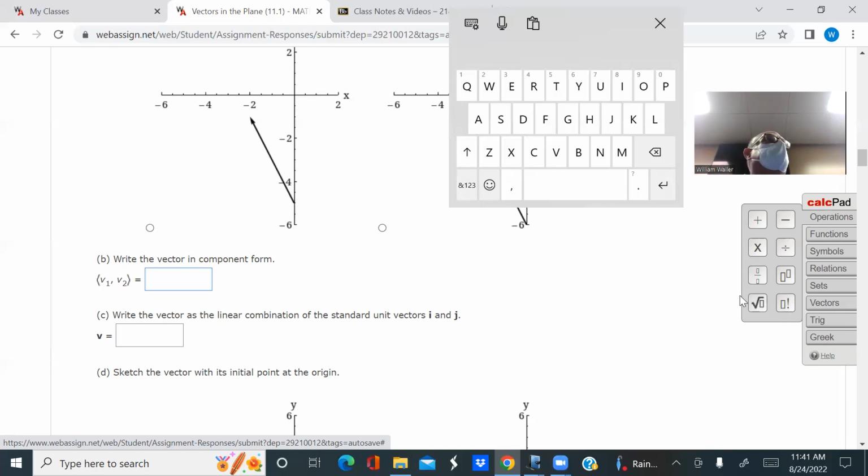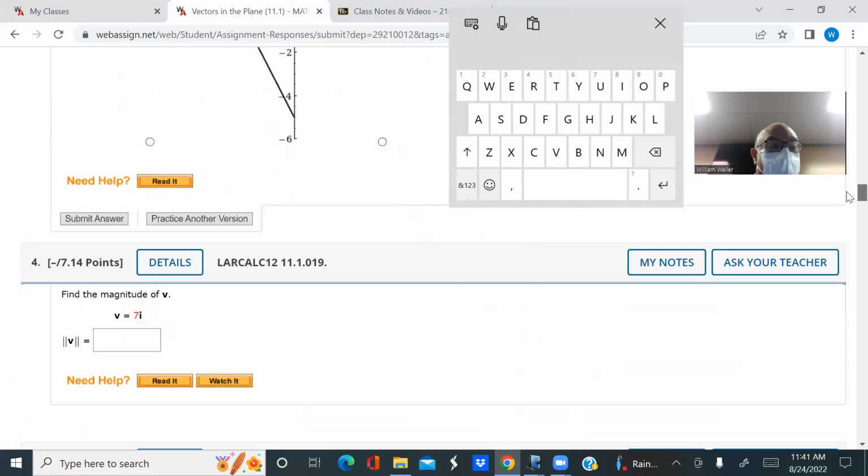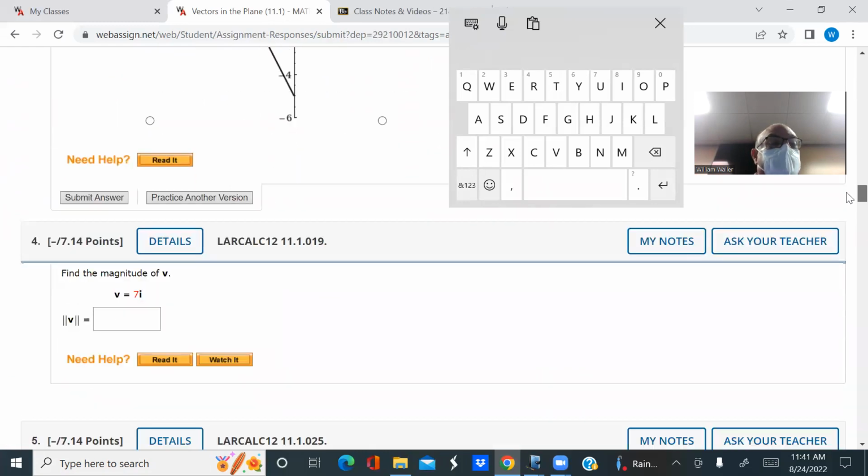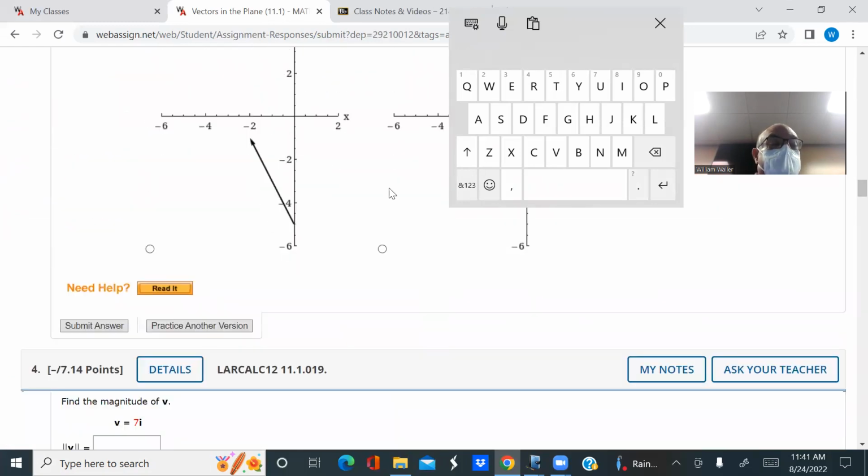But just to remind you, WebAssign has lots of help, and I encourage you to use the help features. So one thing it has is it will let you practice another version, but it won't give you credit for that practice version, right?